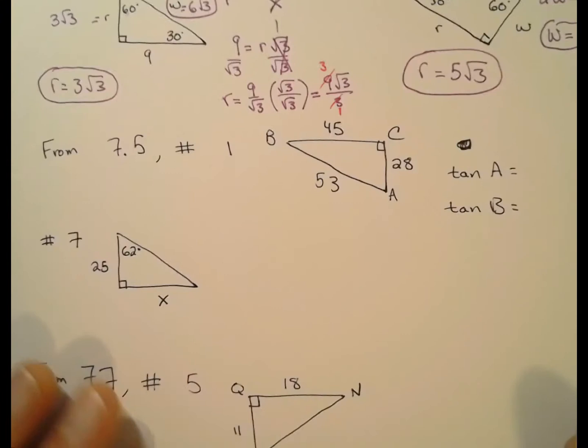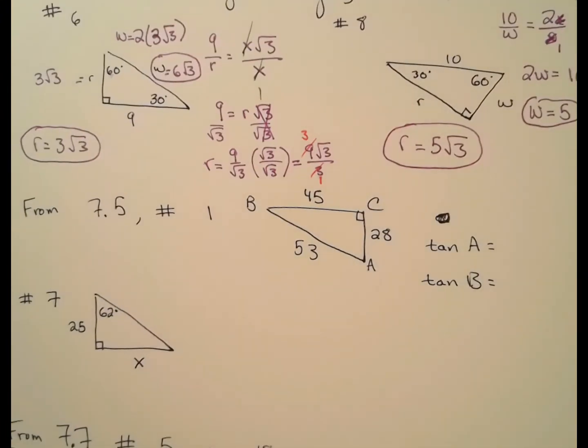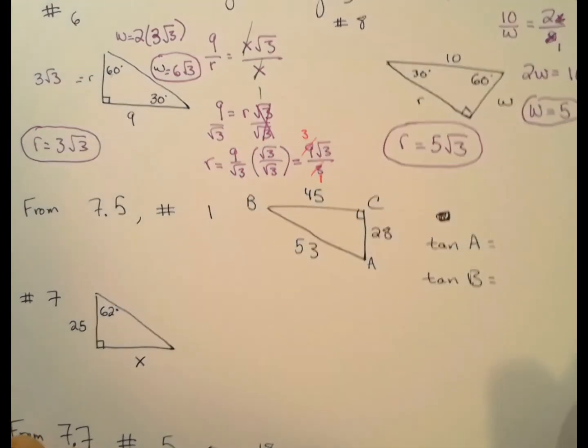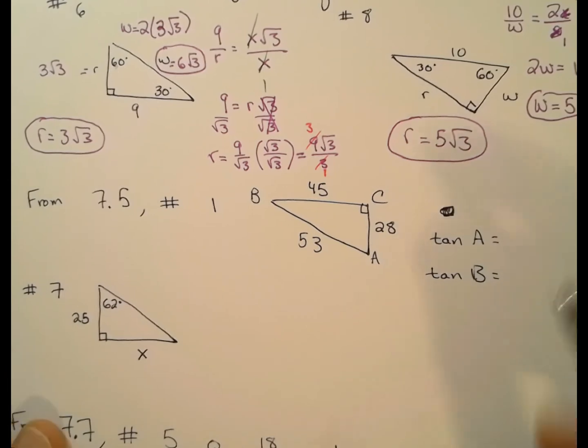I'm posting all of the answers, but just a quick little rundown of some of the work if you had some issues. All right, for problem number 1 from worksheet 7.5, this matches up to a lot of the 7.6 worksheets too. They just ask for the trig function.